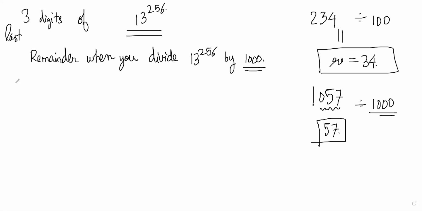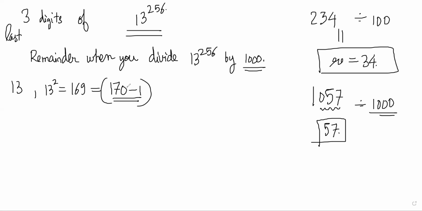So if you think of 13, 13 square is 169, and 169 can be written as 170 minus 1, right? Why will we use this? Because as soon as you get 170, when you raise the powers, since there is a zero at the end, it will cause many hundreds and thousands to come, right?